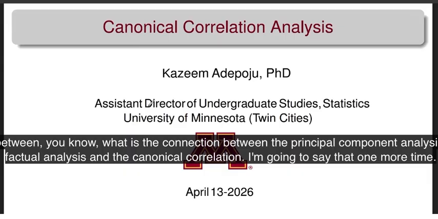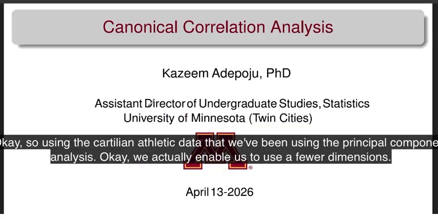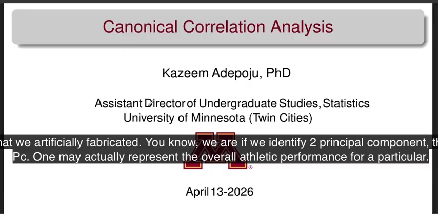Okay, so I'm introducing you to canonical correlation analysis, and I just differentiated the connection between principal component analysis, factor analysis, and canonical correlation. I'm going to say that one more time. Principal component analysis handles summarization. Using the decathlon athletic data that we've been using, principal component analysis enables us to use fewer dimensions that we artificially fabricated.